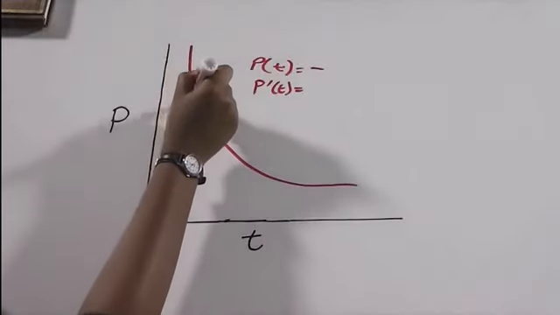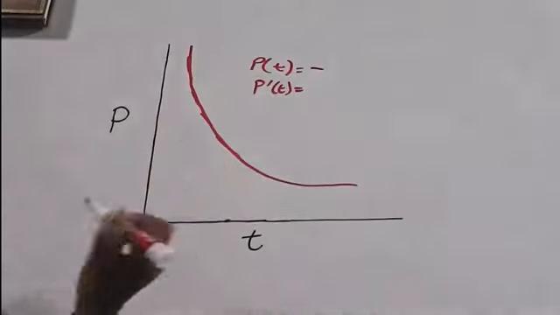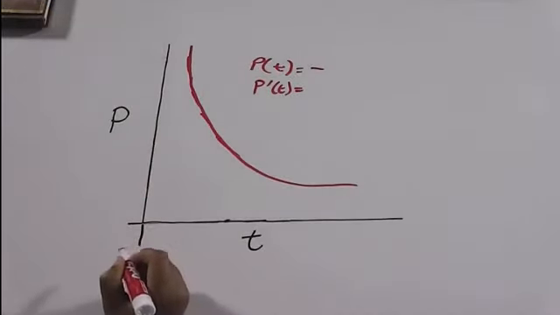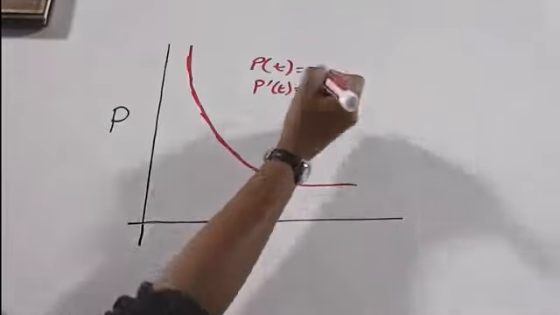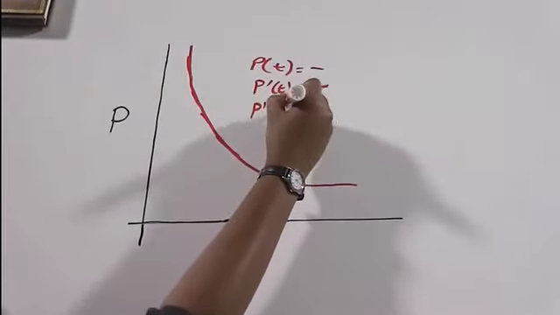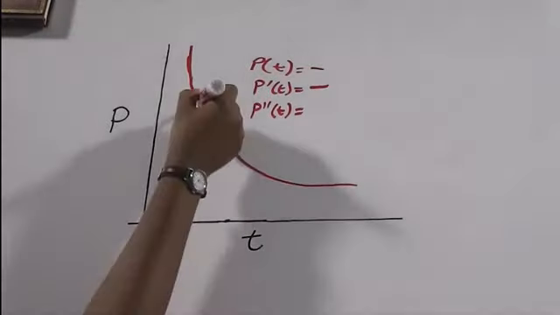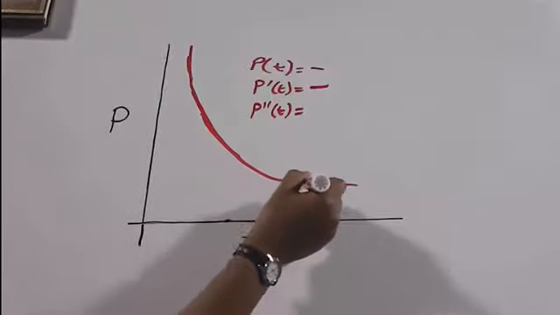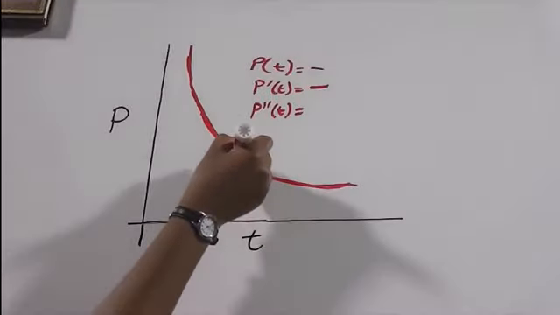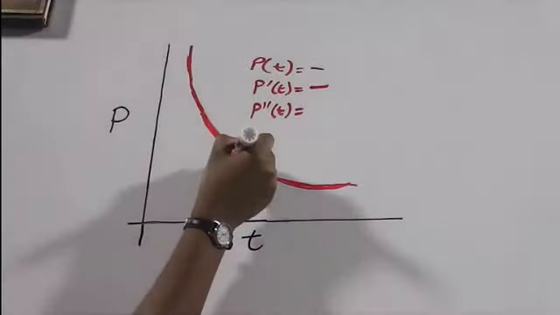So here we can see that the slope of this function is always negative. So we can say that the first derivative is negative. To find the sign of the second derivative, we can look at the concavity of this function. And this function is concave up, like a cup. And when a function is concave up, it's positive.